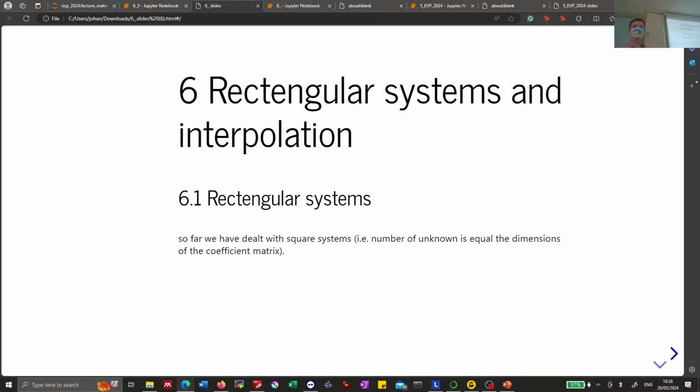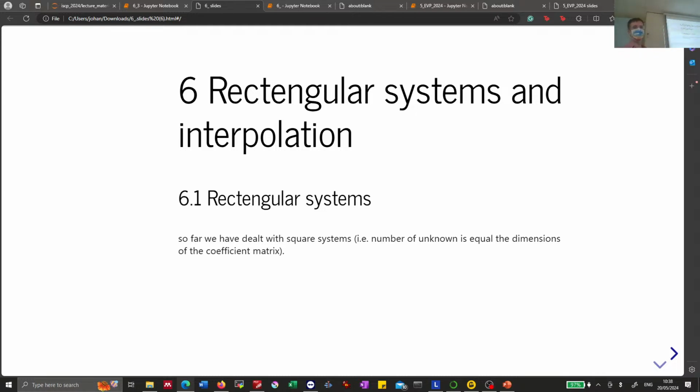The next step is looking at how interpolations work, how extrapolations could work, and then how fitting is part of this. And fitting as well as interpolation all kind of go into the realm of rectangular systems.